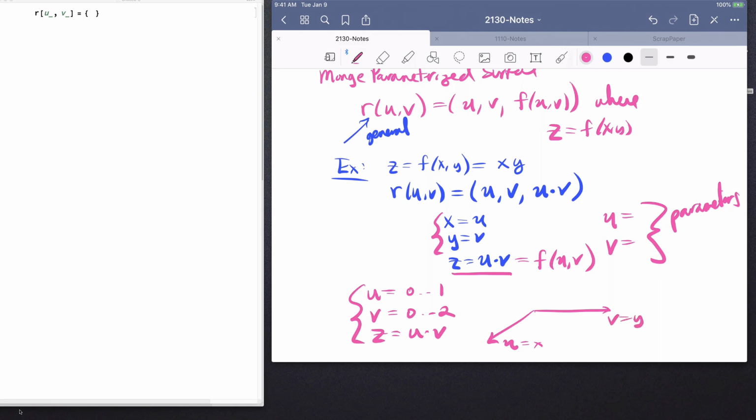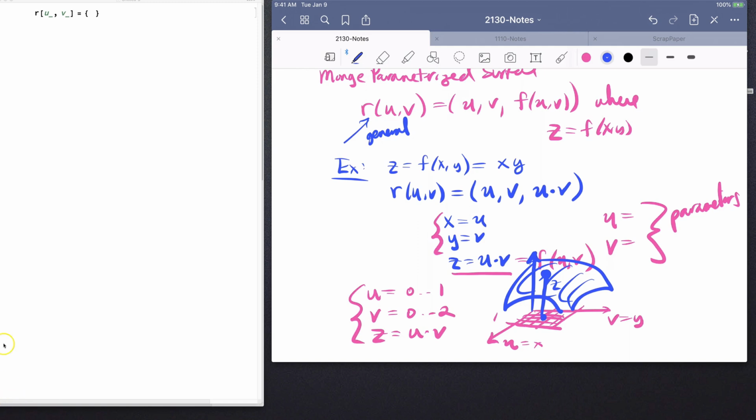So you would have a set of u values that go from 0 to 1, v, which is equal to y, goes from 0 to 2, and then you could lay out a grid of u, v values and plug in for different u, v values. You would get the value of z at that value of u, v. And if you collect enough points together, you will get a surface.